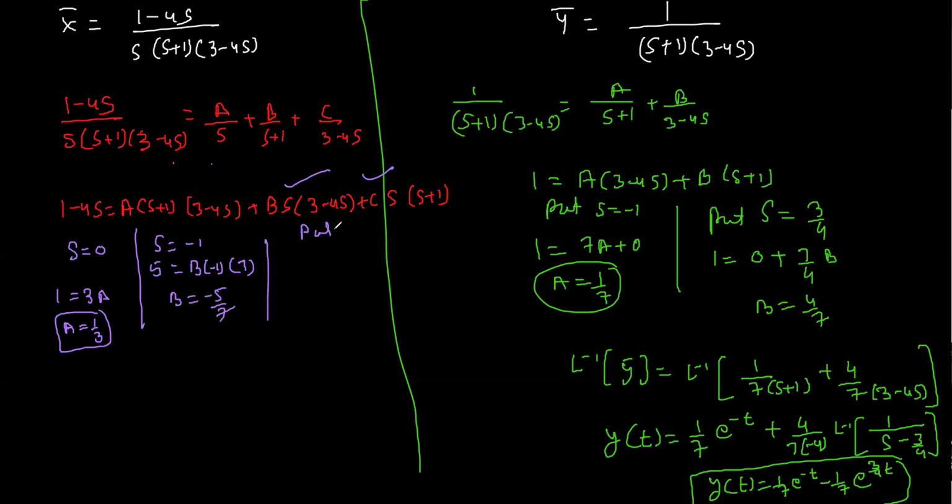Put s is equal to 3 by 4. 1 minus 5, so minus 2. 3 by 4 plus 1, 7 by 4. 7 by 6. 21 by 6.